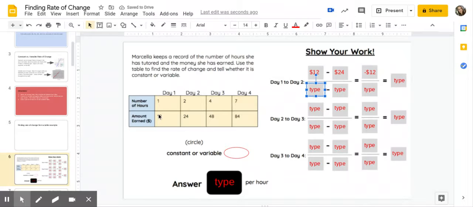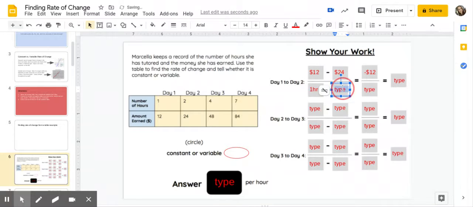Then down here, since I started with the 12, I now have to be consistent and start with the 1. So 1 hour to 2 hours, which is a change of negative 1 hour, which kind of doesn't make sense, but I'll show you backwards that it's actually going to make sense.